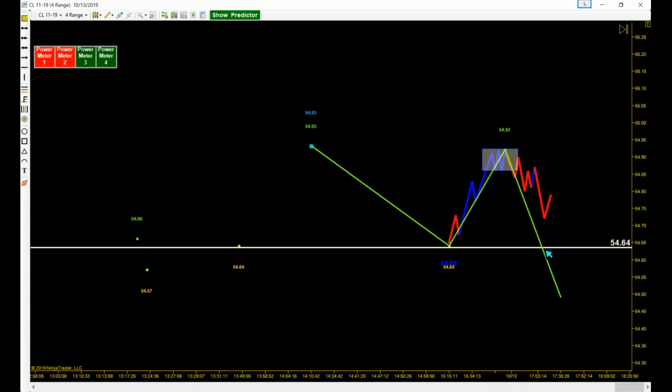So if it did break this, and let's say it breaks it a good 7-8 ticks, which is what I normally like, not 20 or 30 because you miss out on too many good trades. But let's say it decided to break a little bit more than that, and then come back and retrace a little bit, like into a predictor or something, and then roll over, then you would be looking for a short.